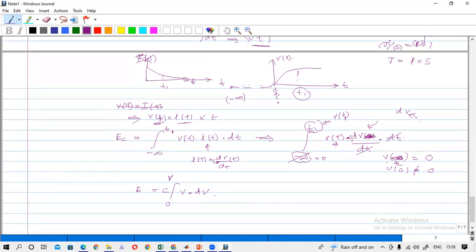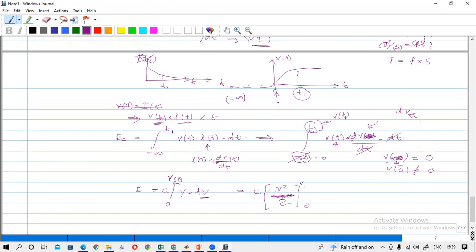If I integrate this, I will get V square divided by 2, because I integrate with respect to V. So it is V square divided by 2, from 0 to some voltage value, let's say that it is V1.